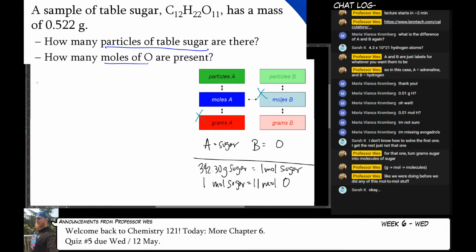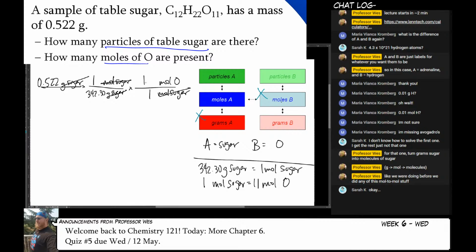So let's go do our dimensional analysis here. We'll set up our units just like we did before, and then we'll put in the numbers. 1 mole is 342.30 grams.